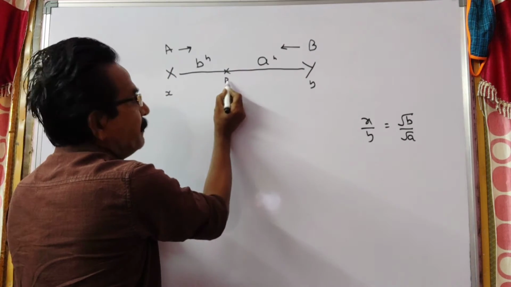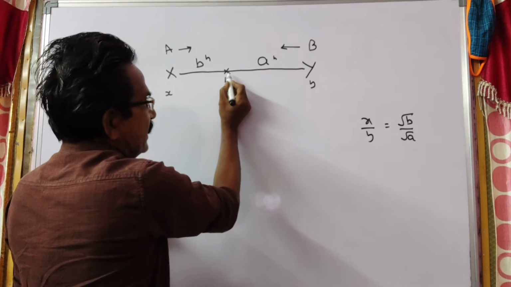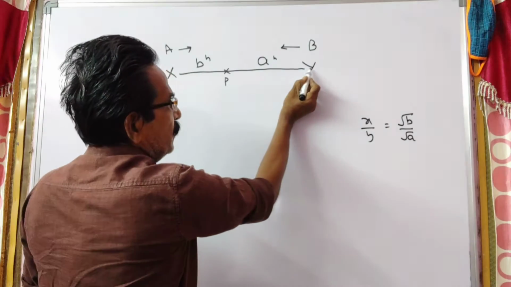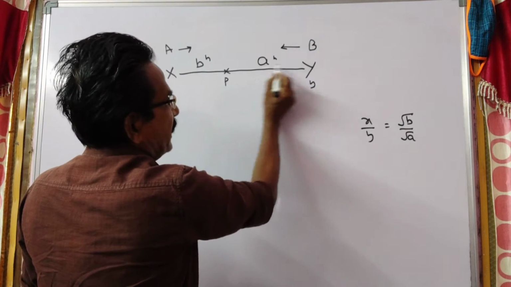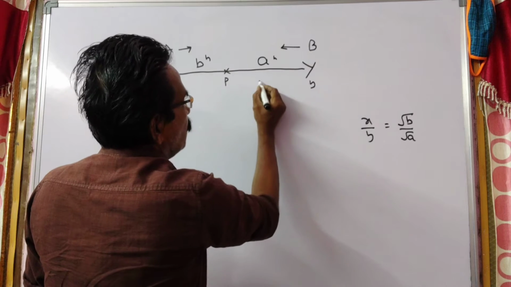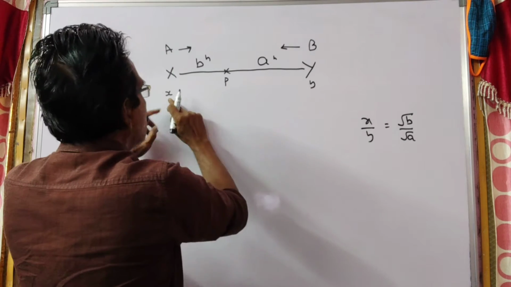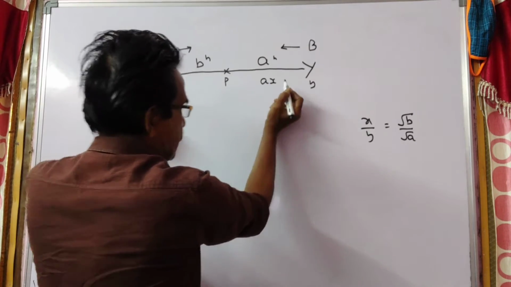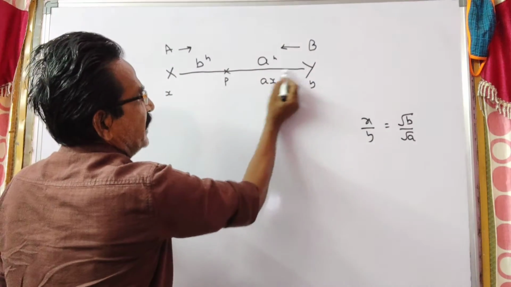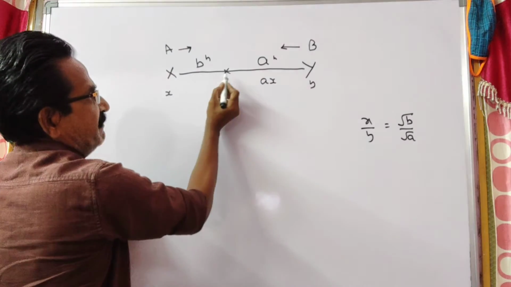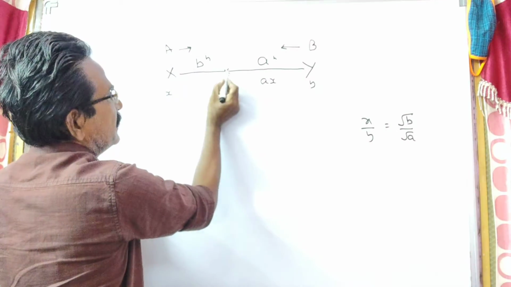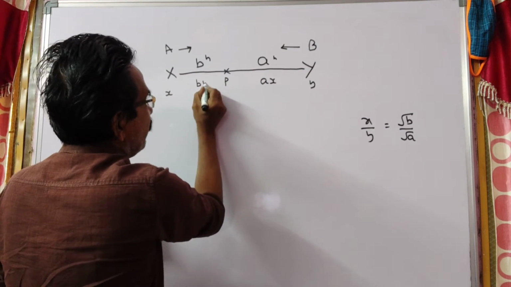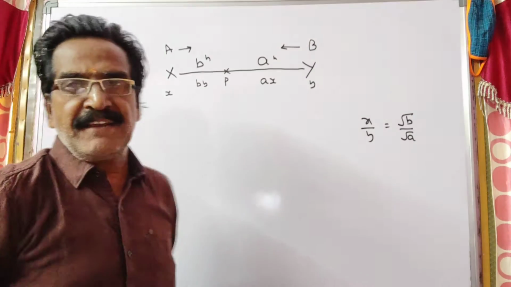The velocity of train A is x, and it takes A hours to reach from P to Y. So the distance between P and Y is velocity into time, x into a, or xa. So the distance between P and Y is ax. In the same way, the distance between P and X is by.